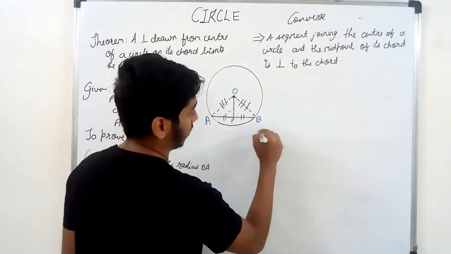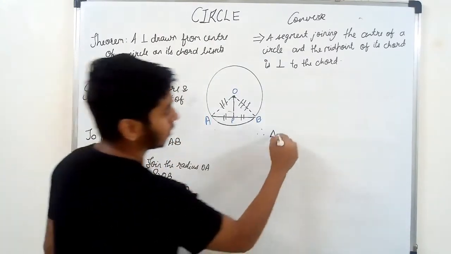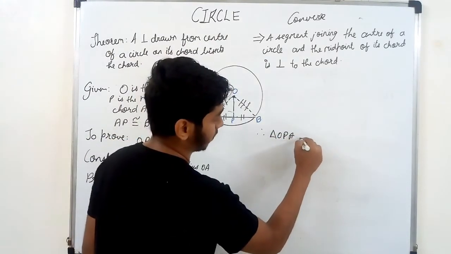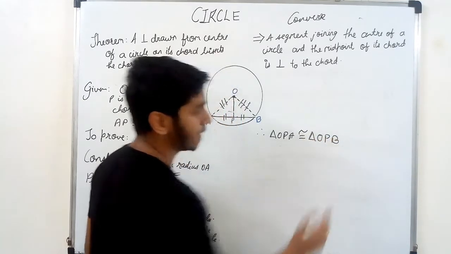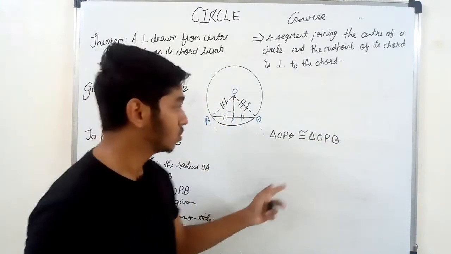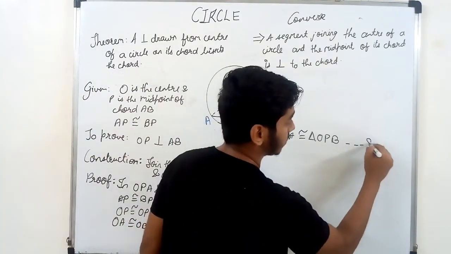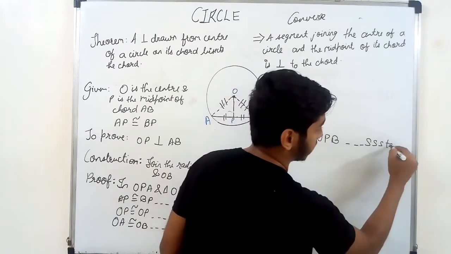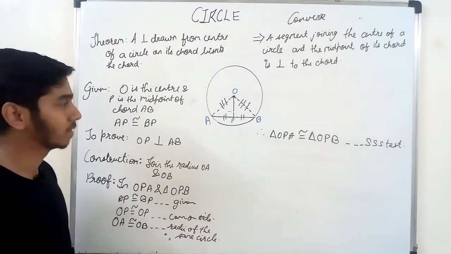So we'll say therefore triangle OPA is congruent to triangle OPB, correct? So we have proved that these two triangles are congruent by what test? By SSS test, side side side, correct?